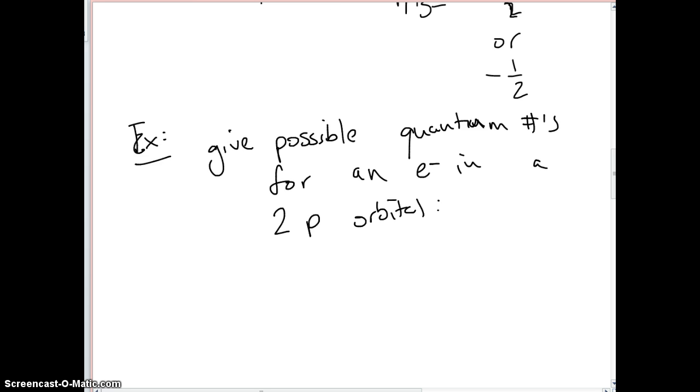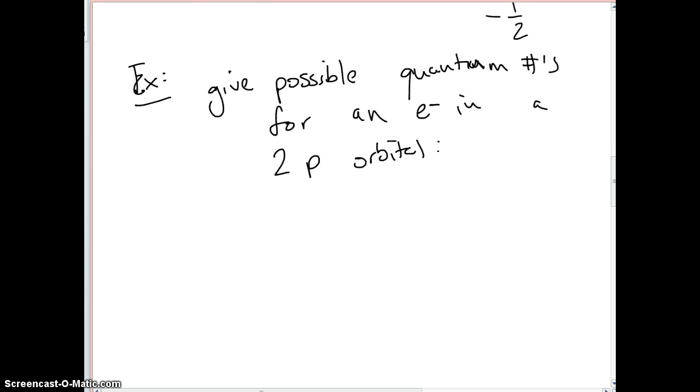Okay, so if you're an electron in a 2p orbital, first thing we're going to do is set up what n is equal to. And a 2p orbital is going to be quantum number 2 in the second period, so n is equal to 2 in that one.